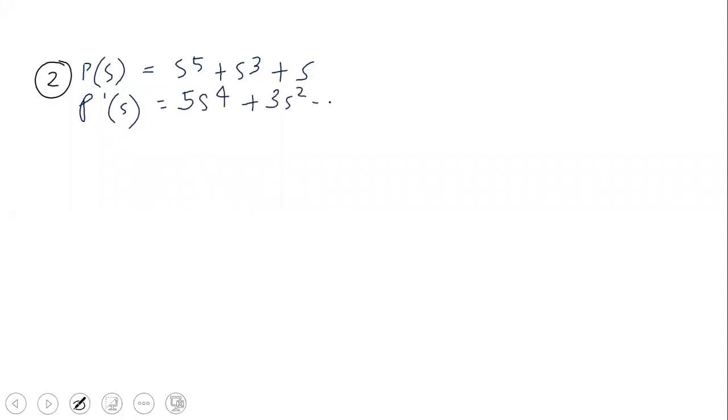Let's say our P of S is s raised to 5 plus s cube plus s. So obviously we find the derivative of this, that is going to be 5s raised to 4 plus 3s square plus 1. Then we put it here.